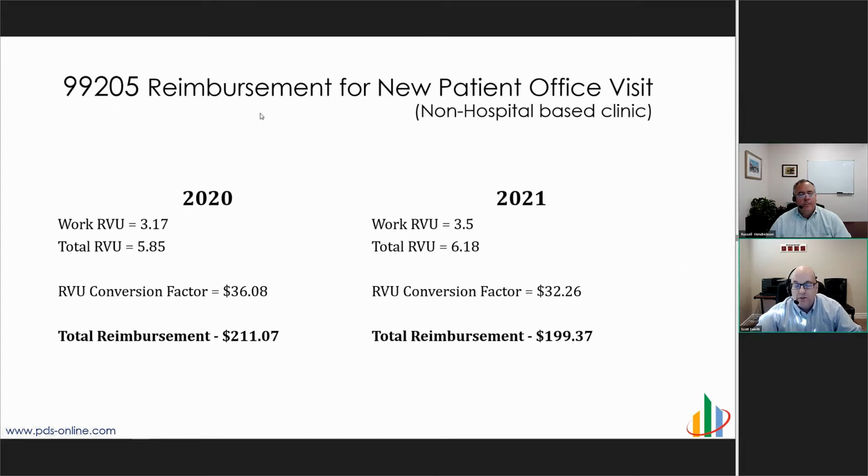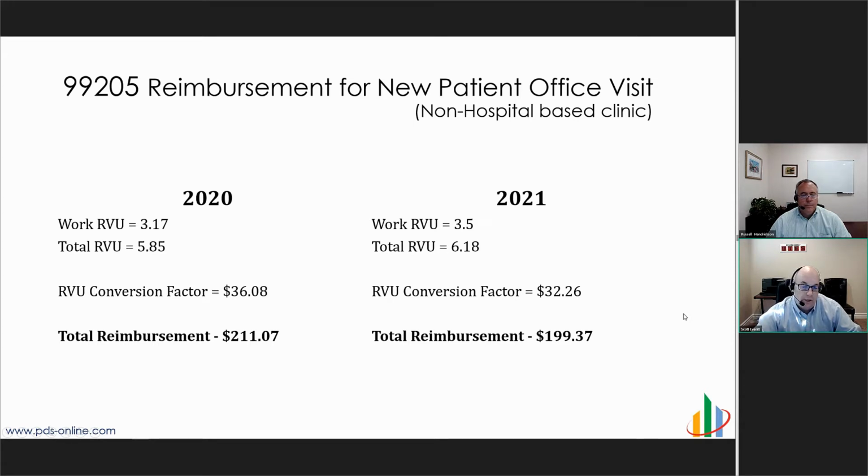So the new patient codes actually didn't increase as much as the other ones did. So if we look here in the 2020 for a 99205, that's the highest level new patient office visit. Based upon 2020 valuation, the total reimbursement was about $211. Well, in 2021, the RVUs did increase, and they increased by a decent amount.